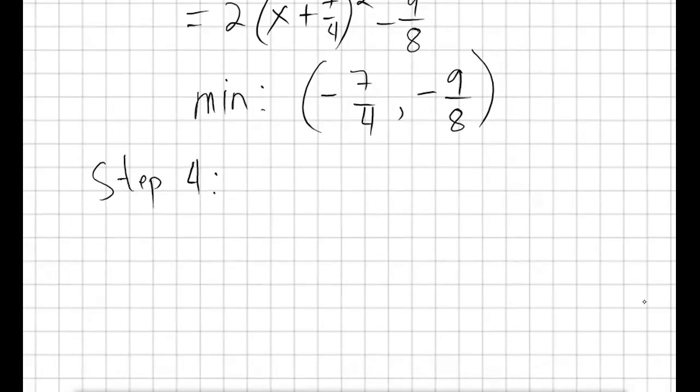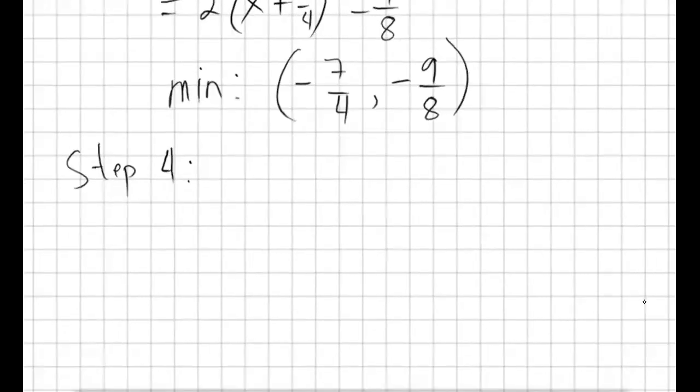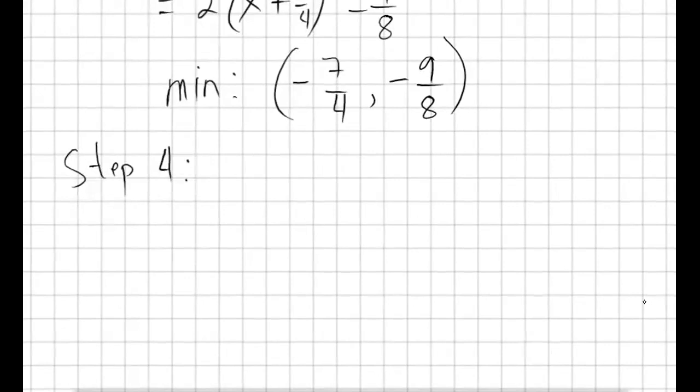So at step 4, you're going to determine the roots or the point where the graph touches the x-axis. Okay, so how do we do that? By equating f of x to 0, or that is saying that if y is equal to 0, what are the values of x?